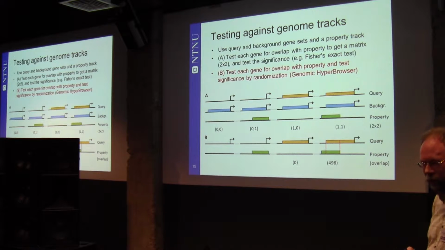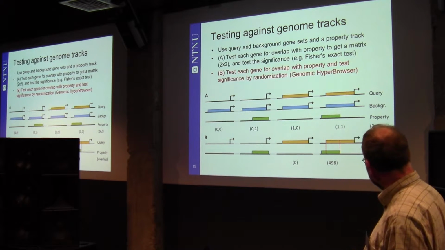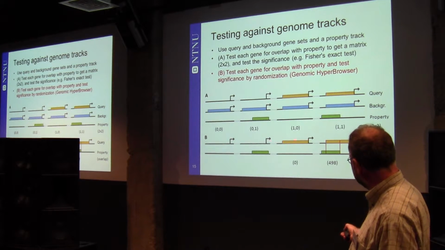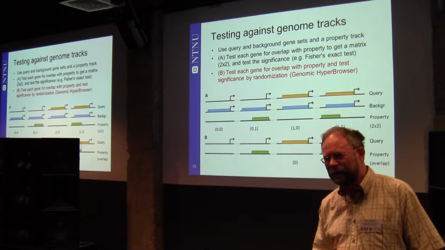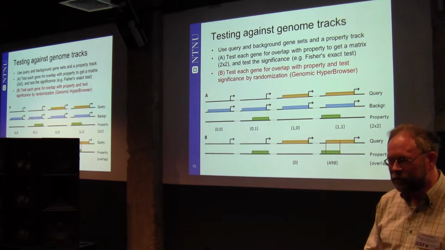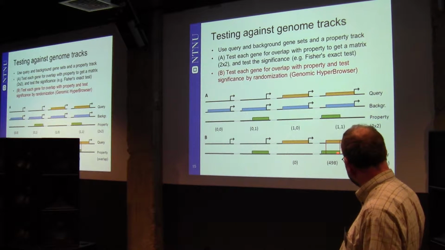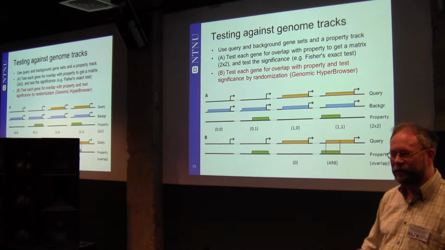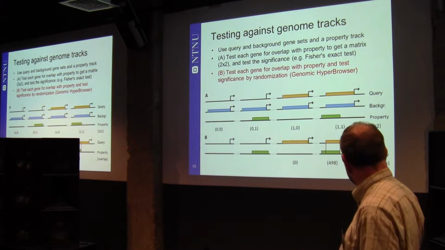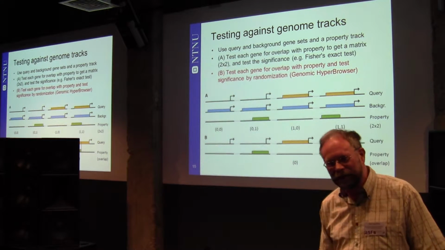Then we have the other one, which is what you see here. Then you have just the query set. You don't say anything about the background, basically. And then you have the property. And then you somehow estimate the relationship between the query and the property, which can be, for example, the degree of overlap. So here you have an overlap of 0. Here you have an overlap of, let's say, 488.